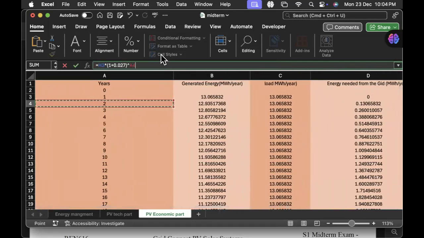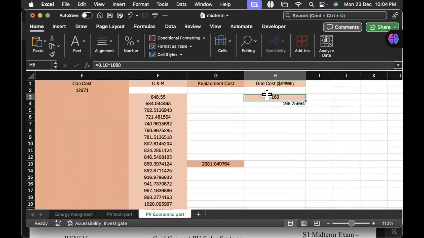Okay, and then we have to sign the first present value. And we can also use this cosmetic issue to make all cells appear with the same style.